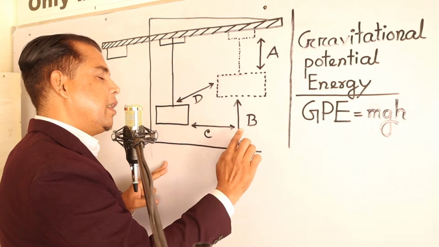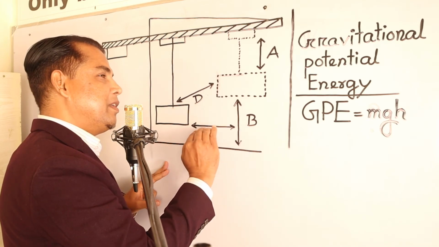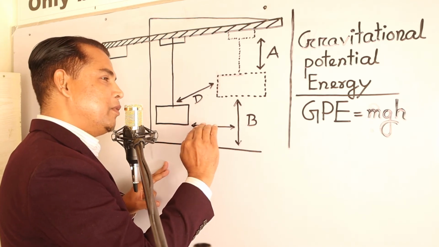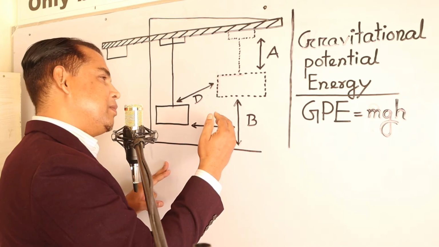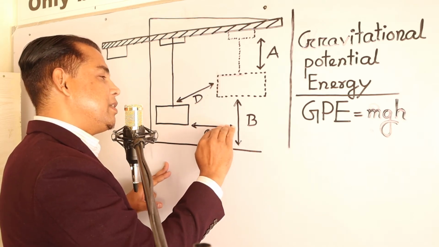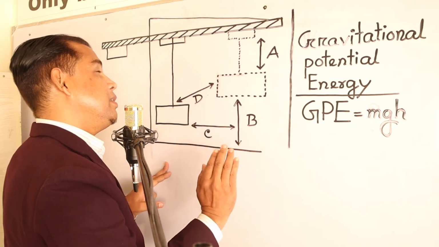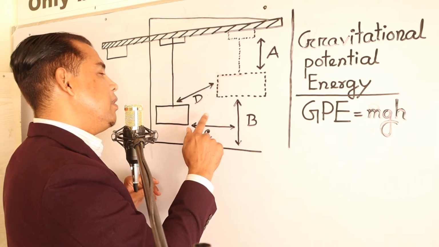GPE is related to the vertical distance, because horizontal distance is for work in most cases, but after all it is not for GPE, because GPE is about being taken up, so this is ignorable.